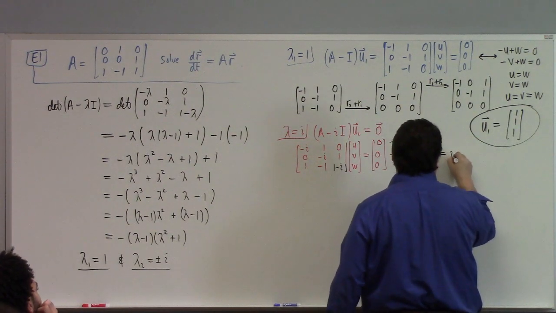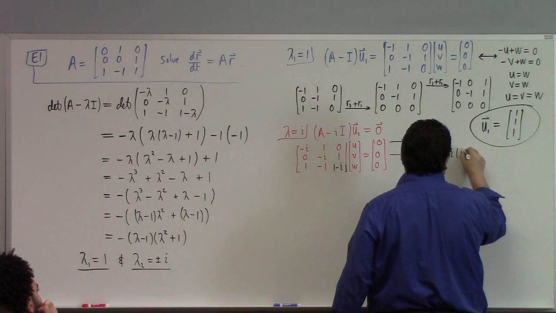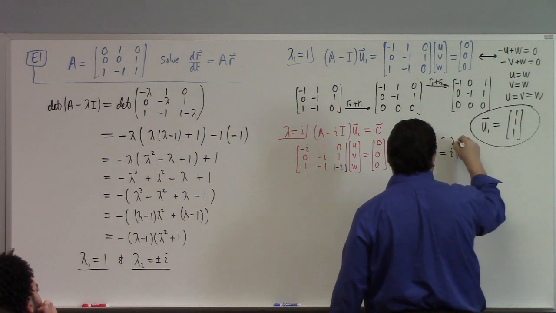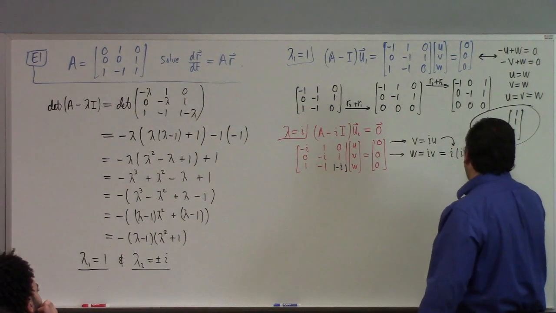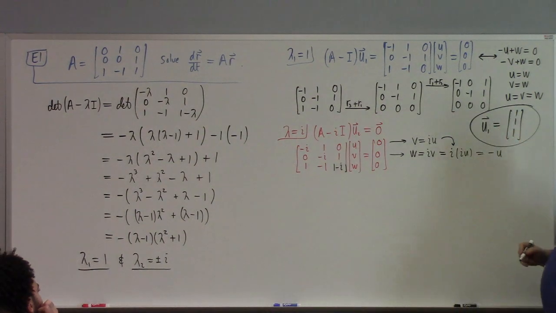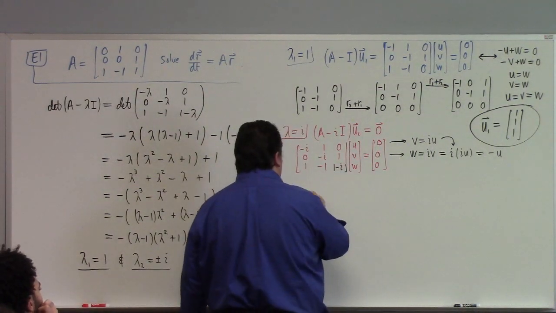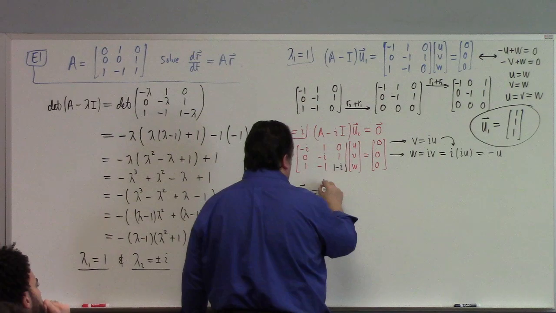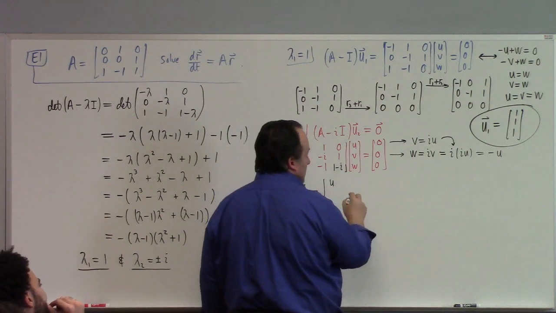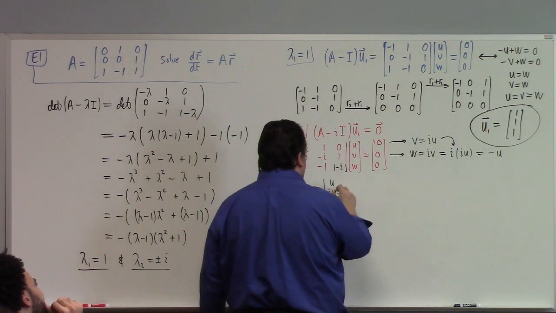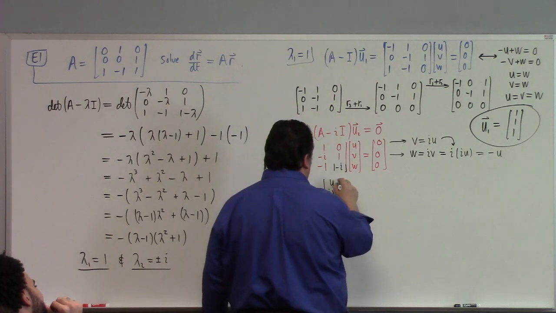But apparently that's i times iu, so that's minus u. So supposedly, I have the u2 vector is u for u, iu for v, and minus u for w.